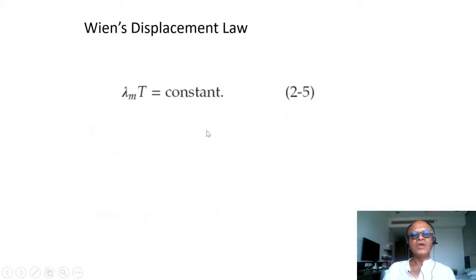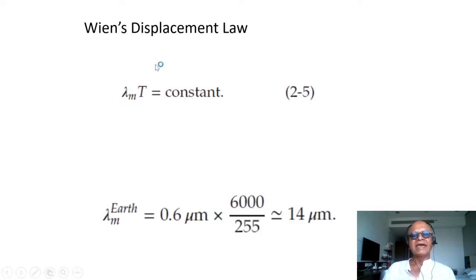So looking at Wien's displacement law, which relates the energy to the maximum wavelength and the average temperature at which it emits, that curve that we saw. The maximum wavelength of Earth's emission we can do relative to the sun, because we know the sun is emitting at 0.6 micrometers, with 6,000 Kelvin its temperature, and Earth's temperature at 255.